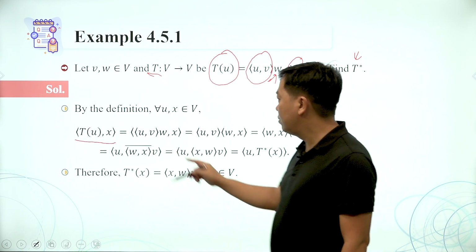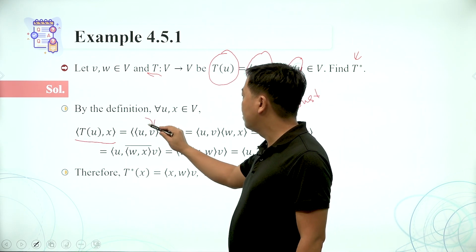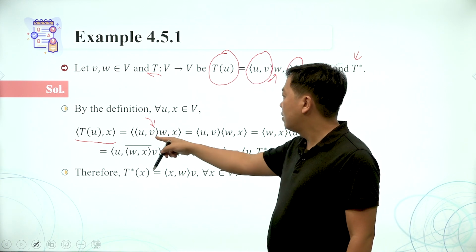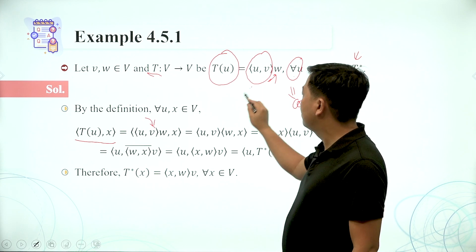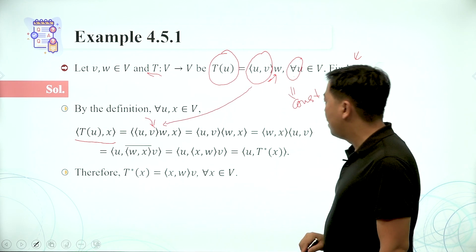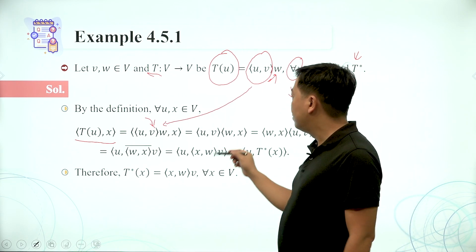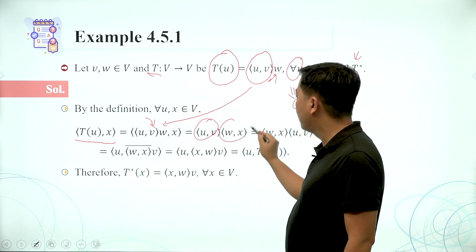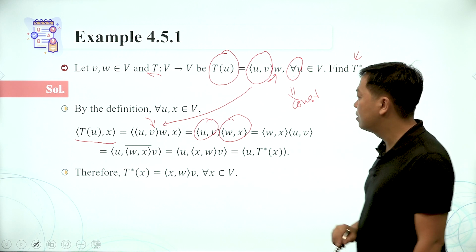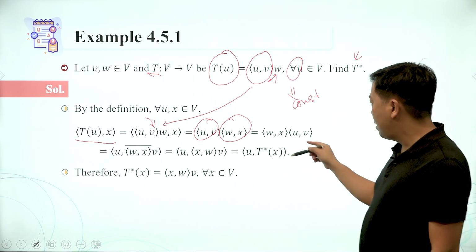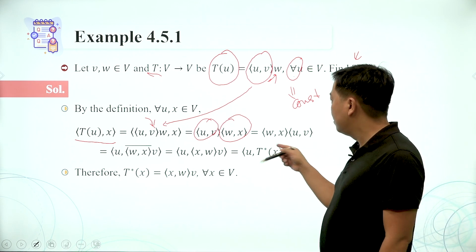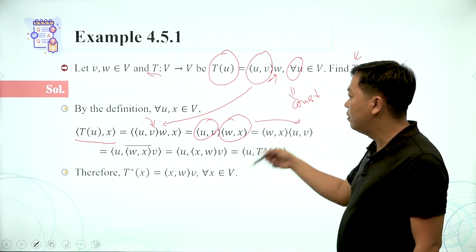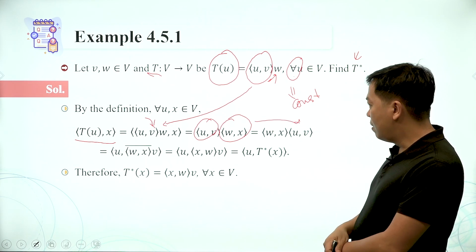So it is equal to this. You can multiply by the constant, and the constant can be moved out of the inner product.